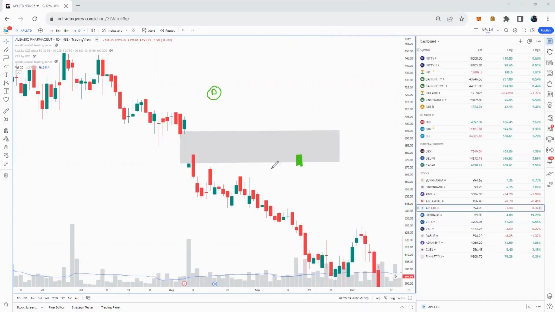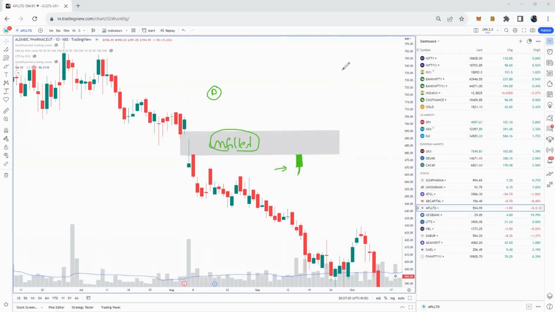For example, imagine on a particular day there's a bull candle which looks like this in the daily time frame. Then you need to change your gap from this level to this level. Because remember one thing, whenever you are marking gaps, it should be only an unfilled gap.